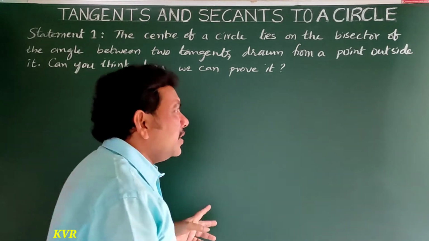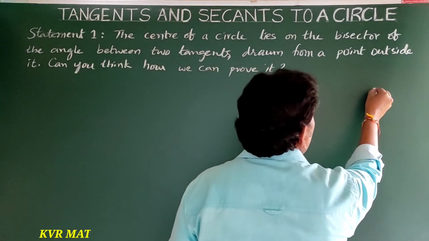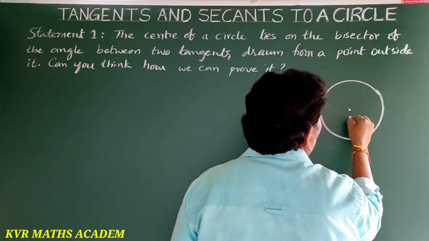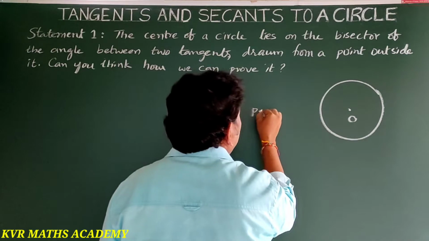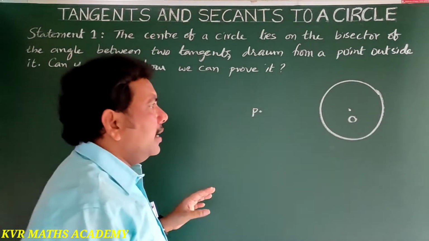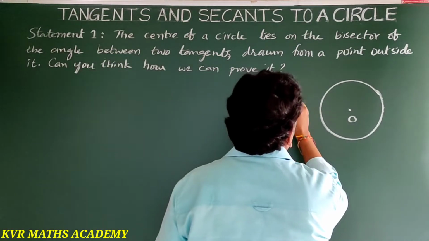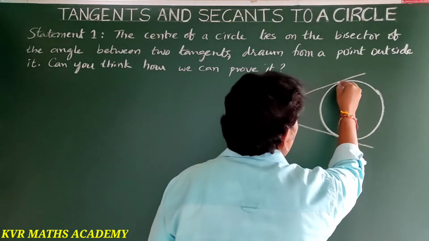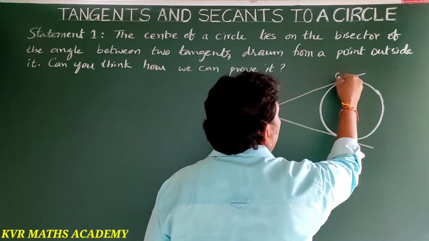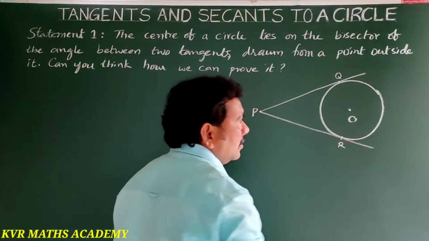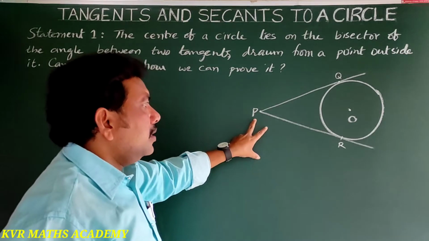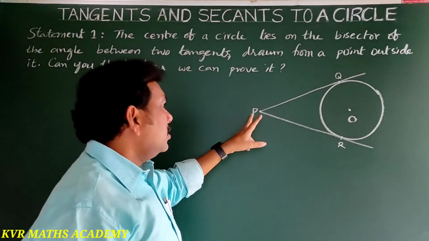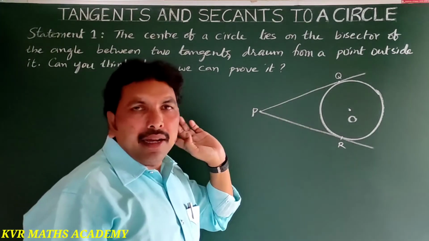According to the problem, first draw the diagram. This is a circle with center O. P is a point outside the circle. Next, draw two tangents from the point P. This is Q and this is R. These are the points of contact. So PQ and PR are the tangents.